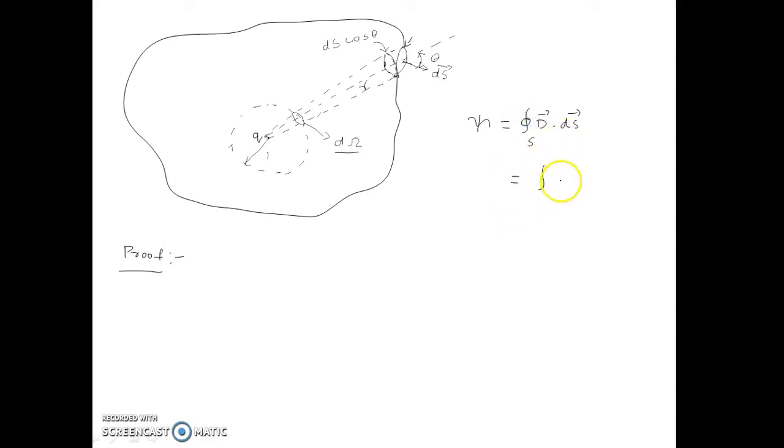So here is the surface dS, and of course this is the direction of dS, and this is the angle made by this dS with respect to the radial line which is drawn from the point charge q. So from this figure we can see that D dot dS is given by D into dS into cos theta.